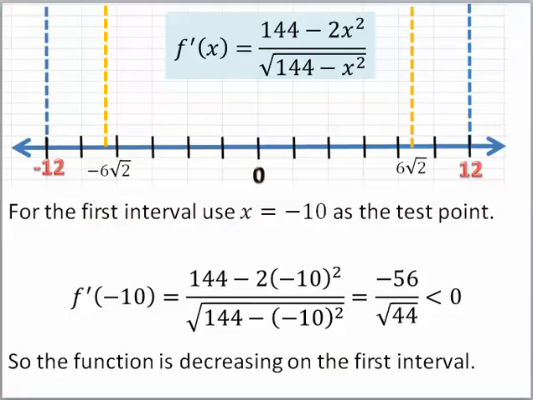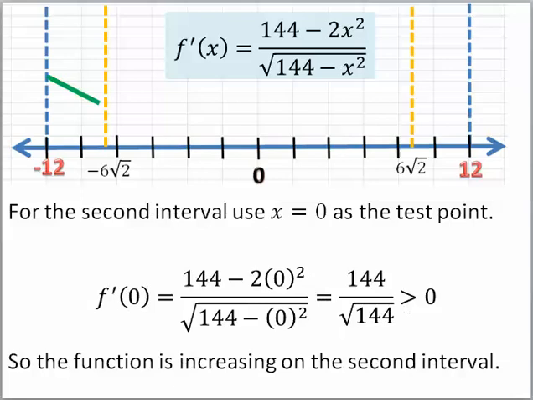For the first interval, I use x equals negative 10 as the test point. F prime of negative 10 is negative, so the function is decreasing on the first interval. For the second interval, use x equals 0 as the test point. F prime of 0 is positive, so the function is increasing on the second interval.